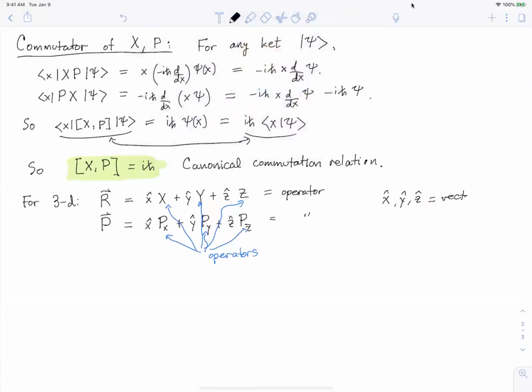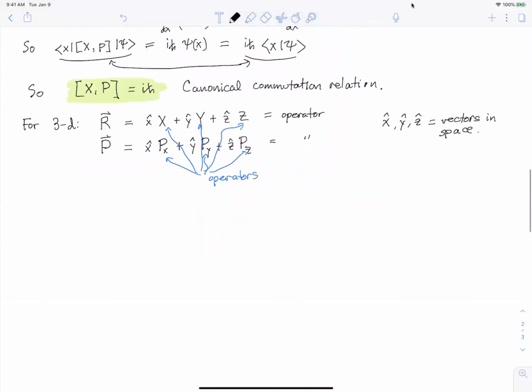These are vectors in ordinary space, not the Hilbert space. And so Y is just like X, except it represents motion in a different direction. And so now the canonical commutation relations you can get just from what we did for x.